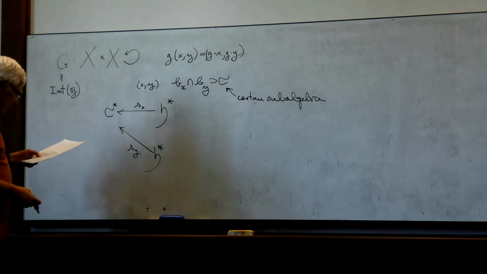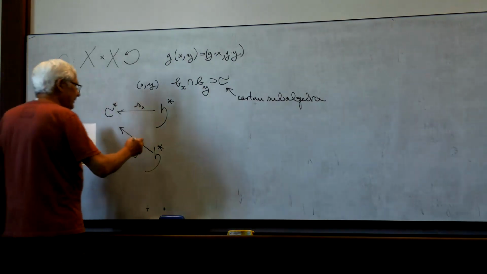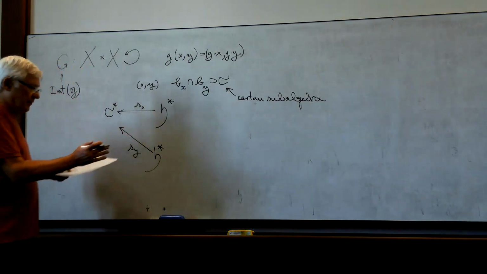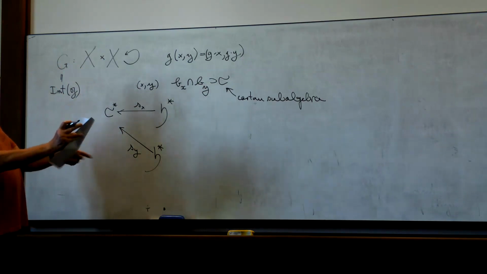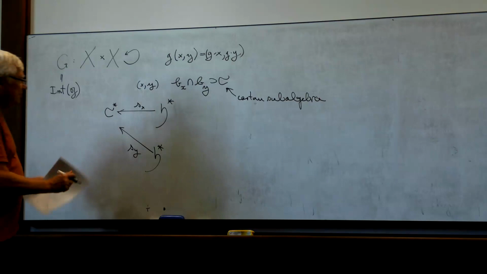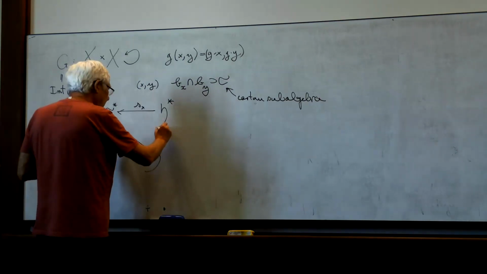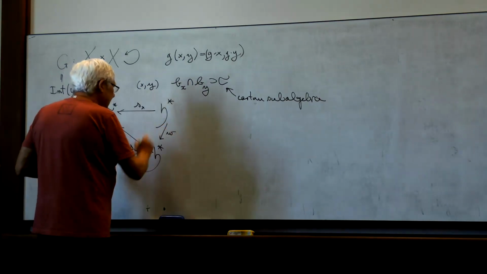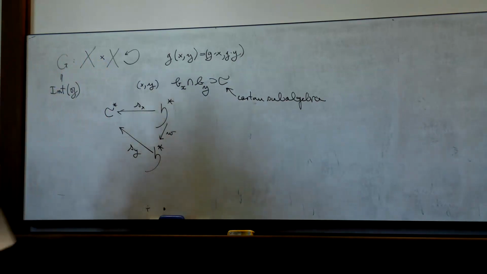Basically you have a common Cartan and you take two different systems of positive roots.